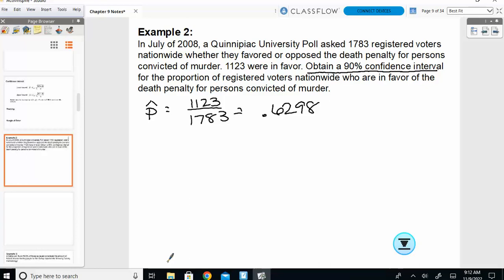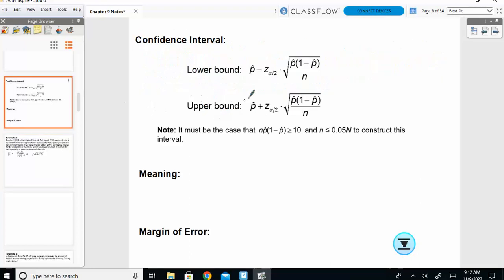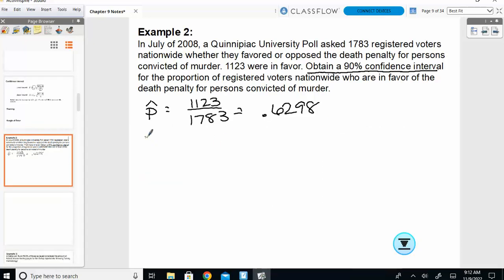If we look at our formula for these confidence intervals, we have to have the p-hat, our proportion. Then we need a z alpha over 2, and we need an n. Those are the only 3 numbers we have to have. What is my n in this problem? Then my z alpha over 2.